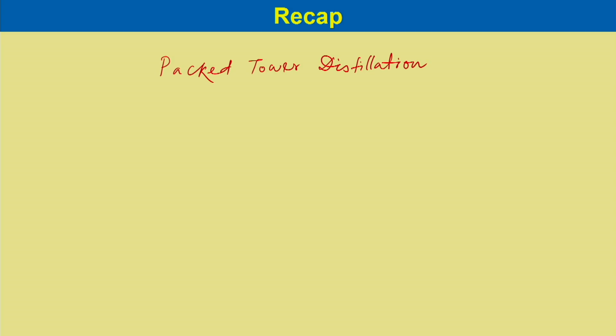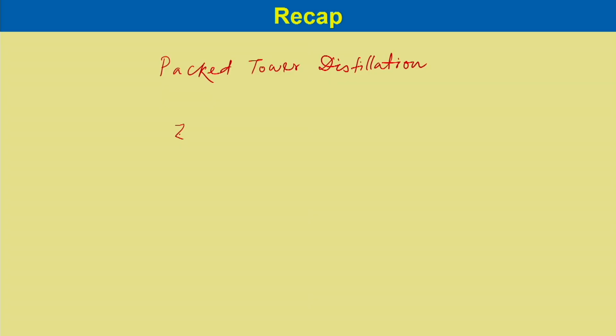In the packed tower distillation, we have seen what types of liquid mixtures we can use for packed tower distillation and what would be the conditions of those liquid mixtures. At the same time, we have considered how to calculate the height of the tower required, that is Z.